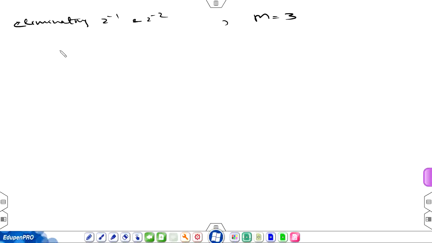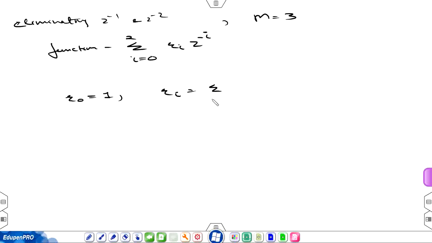So I have to multiply and divide the numerator by the function summation i equal to 0 to m minus 1, that is 2, of r_i z^-i, where r_0 is 1 and r_i is given by summation k equal to 1 to n, again 2 for a second order filter, a_k r_(i-k).